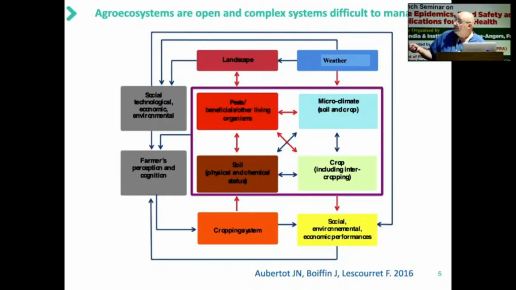And then you have microclimate, both for the soil and the crop. But this system, you know, it's already quite complex. In addition, it's open, because it has some influences from the landscape. Some pests can come from the field of your neighbor, if you're a farmer, and it's also under the influence of weather, okay?